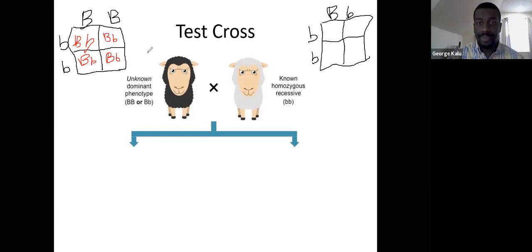Now, let's go ahead and analyze this from a phenotypic perspective. Okay, so what are the chances that our offspring are black in this case here? Right, 100%, because again, they all have the dominant allele here.